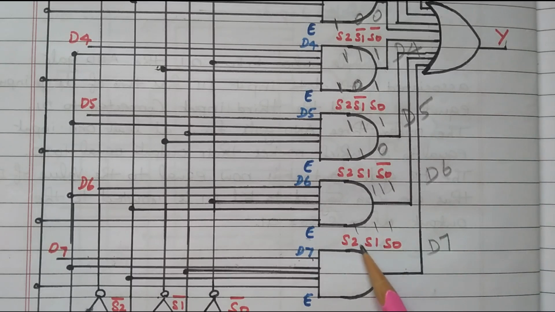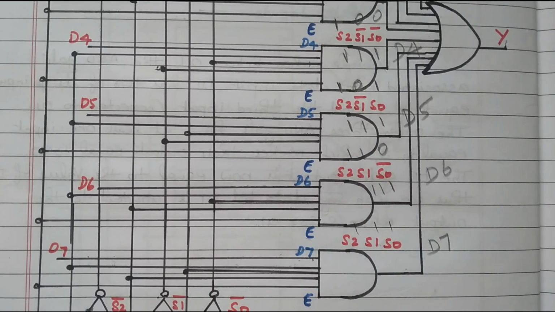These three inputs are 1, which means the remaining AND gates are automatically 0. For example, these are all 1, but S0 is 1, which means S0 bar will be 0, so automatically like that other AND gates become 0 and produce the 0 output, right?